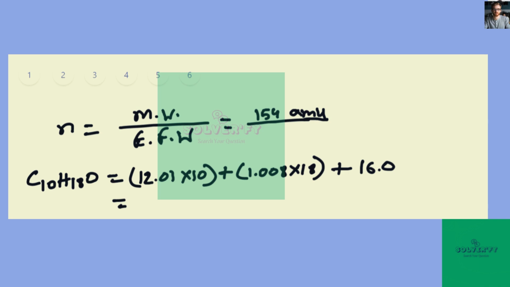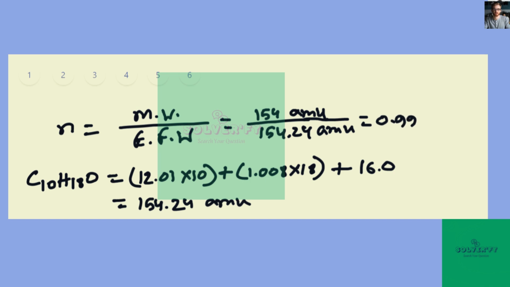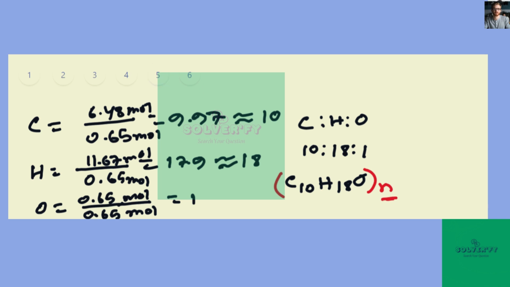And this will give us a value of 154.24 AMU. So we just replace the value here, 154 over 154.24 AMU, and we will get a value of 0.998, which is approximately 1, as the value of n should be a whole number. So now the value of n here is 1.